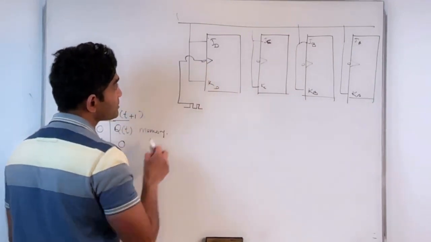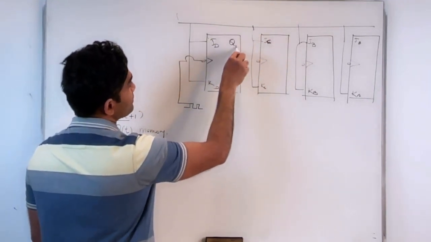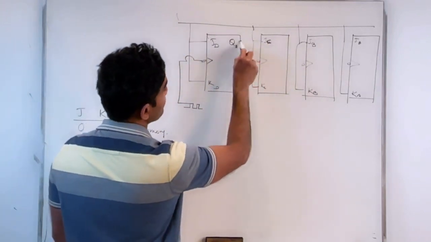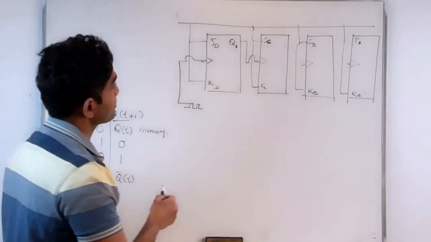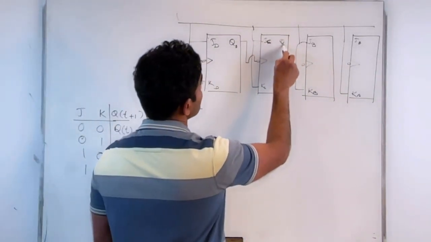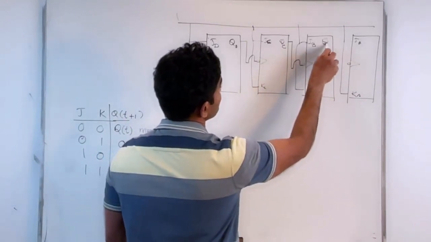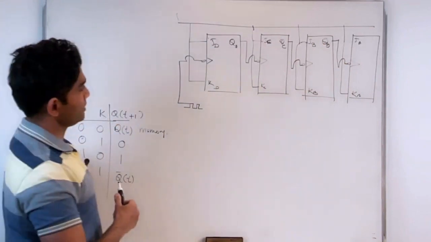The master clock was applied only to the first flip-flop. And for the subsequent flip-flops, the output of the previous flip-flop is applied as the clock signal of the next flip-flop, right? That's QC, that's QB, and so on, right?